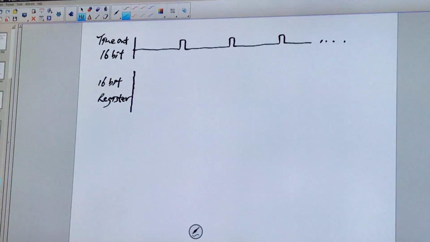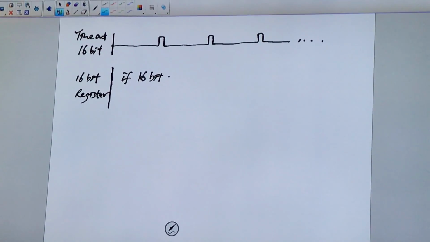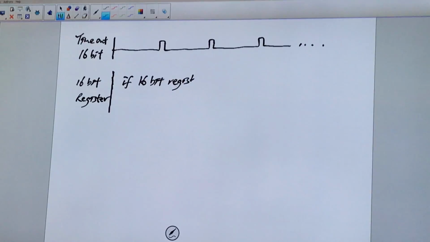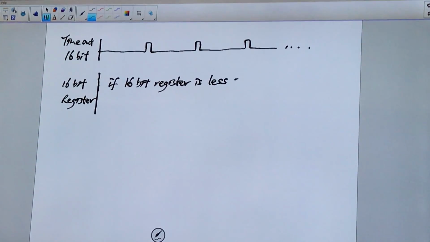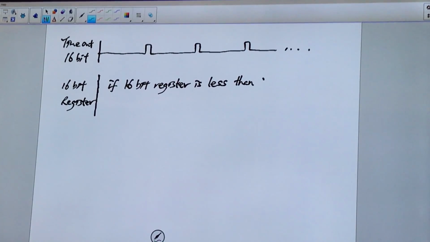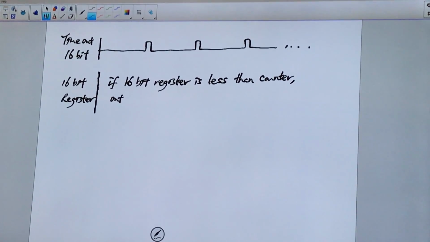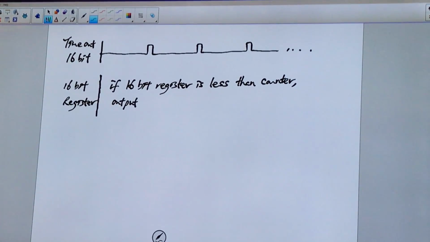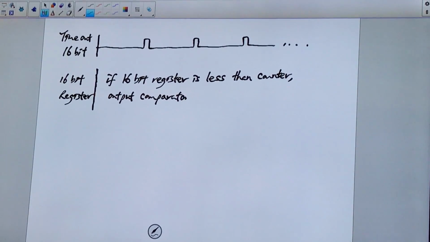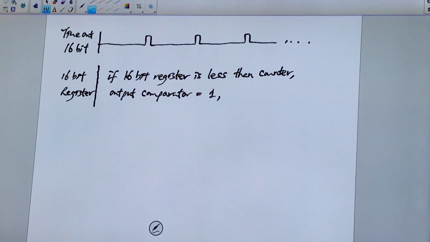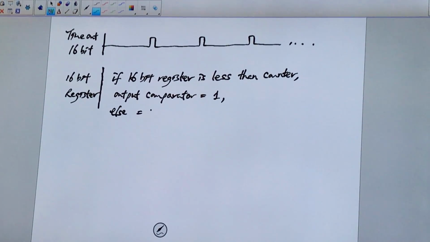All right. So if the 16-bit register is less than the counter, output, in this case the comparator, equals 1, else equals 0.